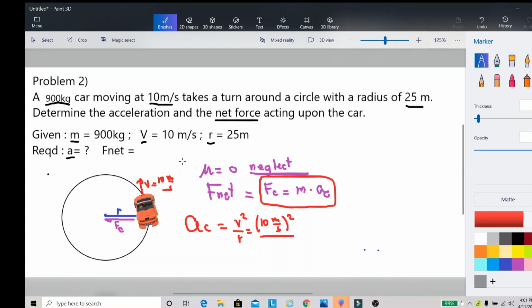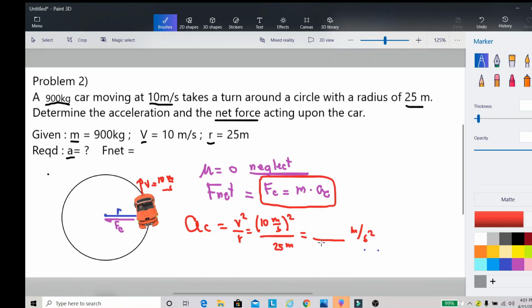R is 25 meters. Okay, this one, this is meter squared per second squared. One of the meter will cancel out. Therefore, the value of this one will be in meter per second squared.